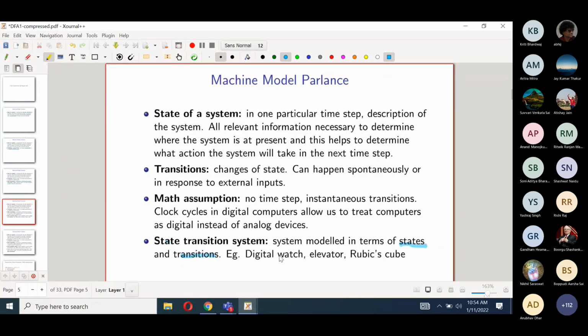Some examples are a digital watch or an elevator. For an elevator, you can think of the states as stopping at ground level, then stopping at level 1, then stopping at level 2. You cannot stop in between. Then there are the configurations of a Rubik's cube, etc.